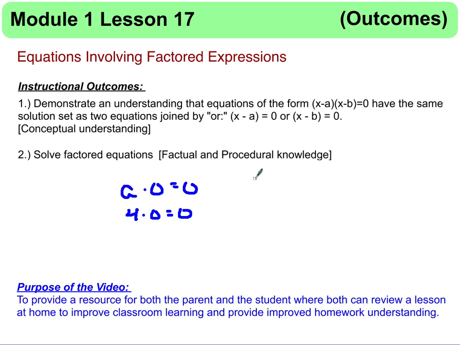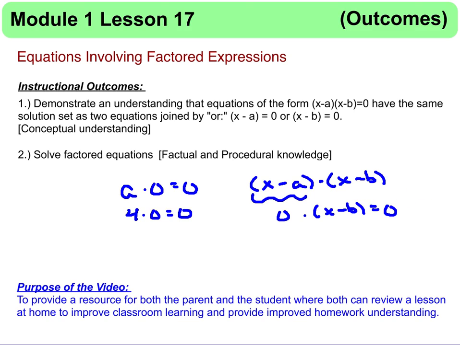So the idea is if we had x minus a times x minus b, and this ended up being 0 times whatever was in the other parentheses, we would still get the answer of 0. And so we want to play off of that notion that 0 times anything is still 0 amongst all these expressions.